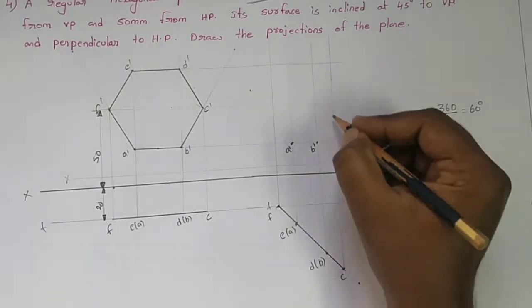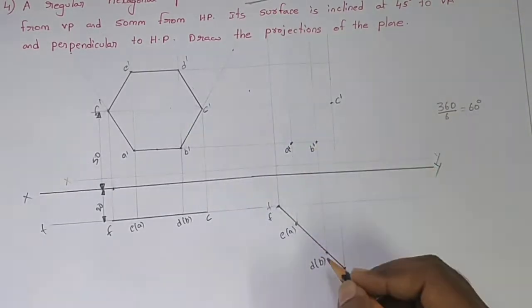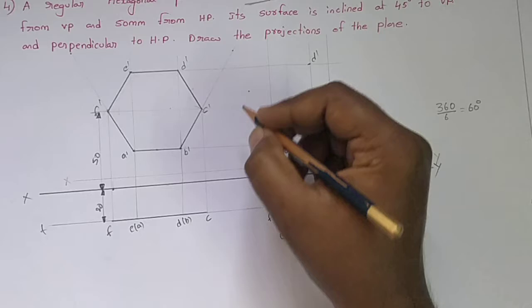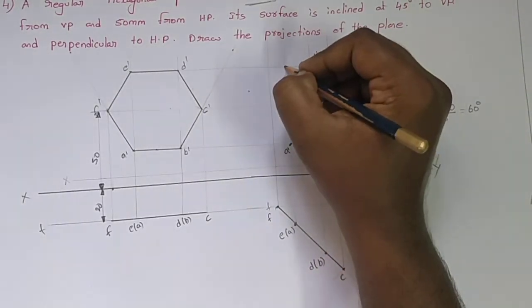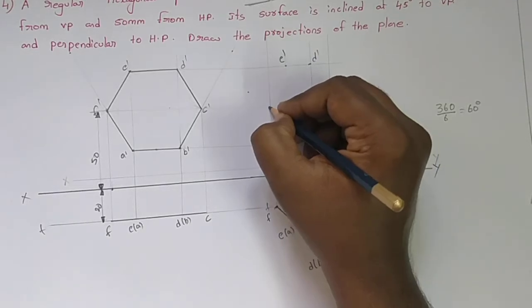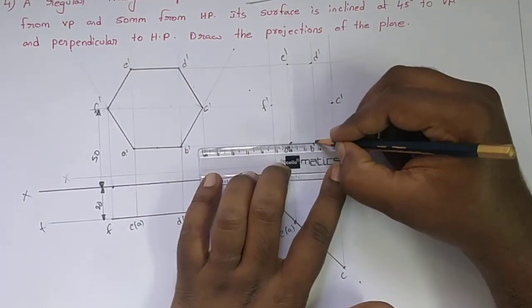And this one is C. Here this one is C, so it is C dash. And D, it is D. Next, E, and this one is F. Next, join all these points.